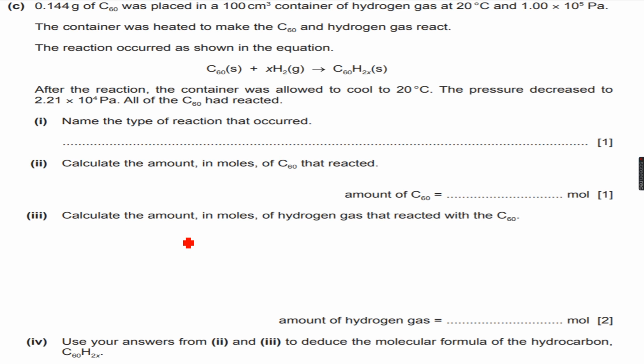So X amount of hydrogen gas has actually reacted. Like the total amount of hydrogen gas in the container was 100 centimeter cube, but only a certain amount reacted with it, right? So after the reaction, the container was allowed to cool to 20 degrees Celsius. The pressure decreased to 2.21 into 10 to the power of 4 pascals. So okay, now let me tell you what's happening over here, right?